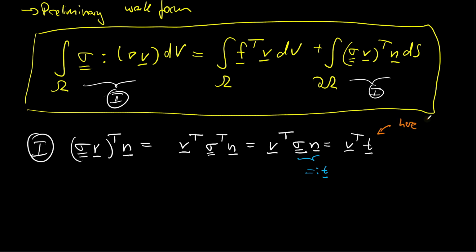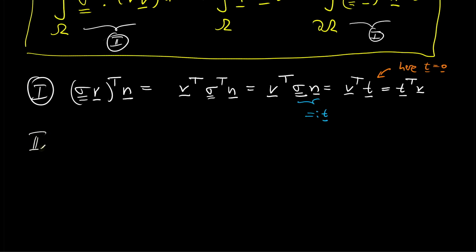So here t is 0, but I want to keep it for generality, for instance, if you have a surface force. And then we also know that this is just a scalar product, and there the order does not matter. So we could either have v transpose t, or we could equivalently have t transpose v. And this now turns this surface integral into the form we have seen in the intro.